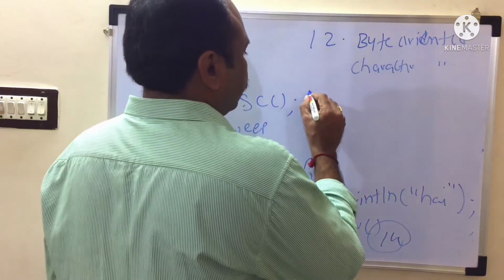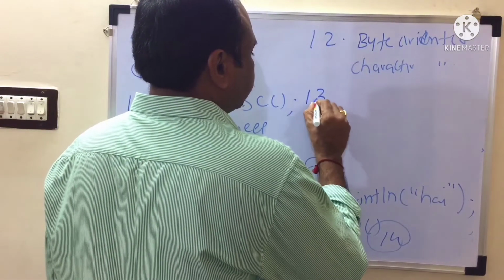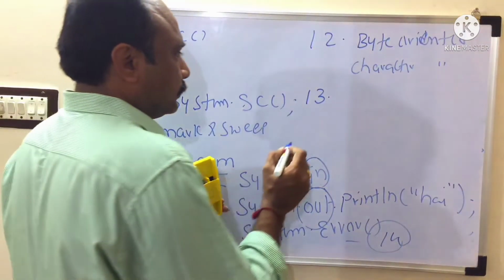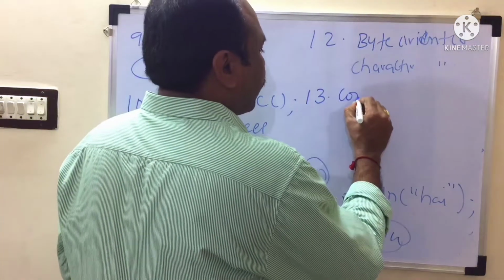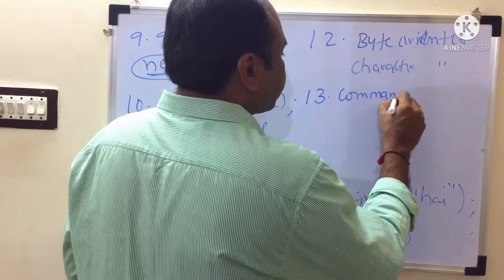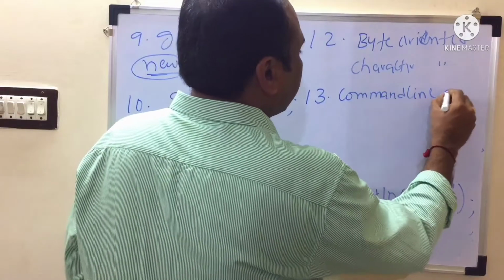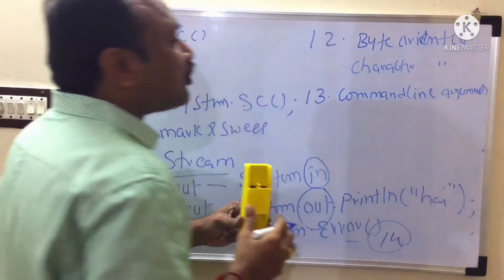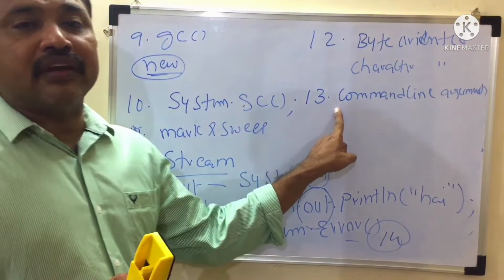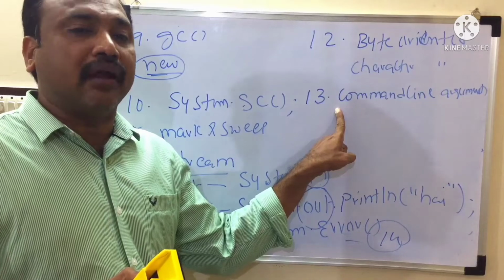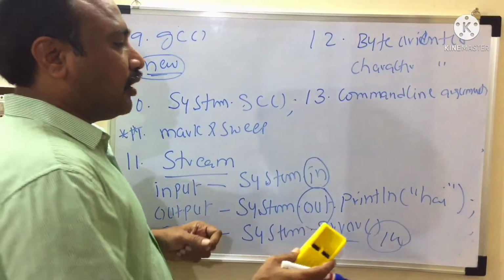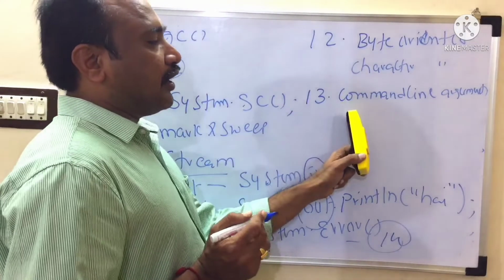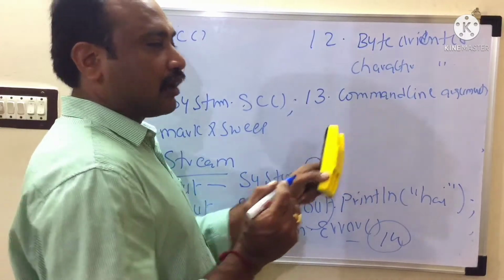Next, 13. What are command line arguments? The arguments passed to the main method at runtime are referred to as command line arguments.